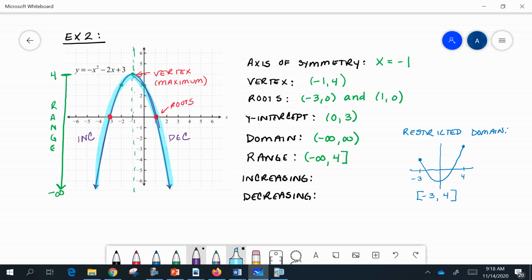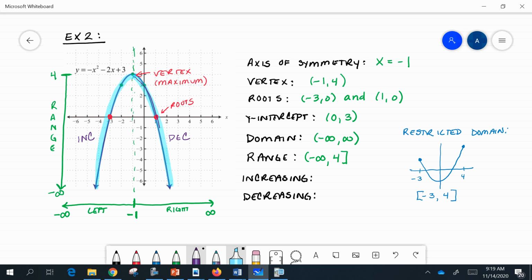But the way that that is expressed is through the intervals of x. So this axis of symmetry, -1, divides the parabola into a right side that goes on forever to infinity, and a left side that goes on forever to -infinity.